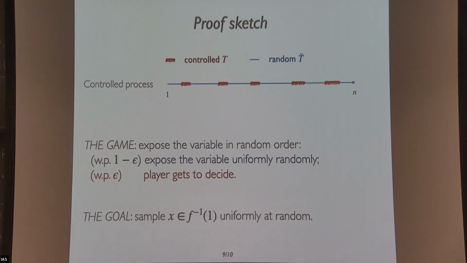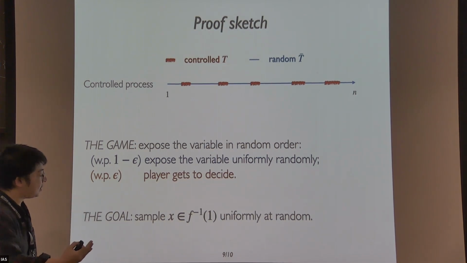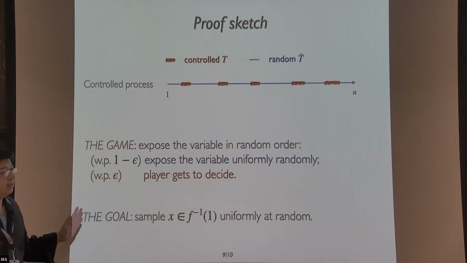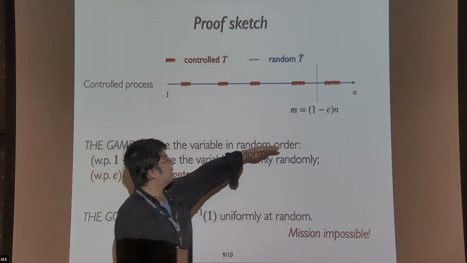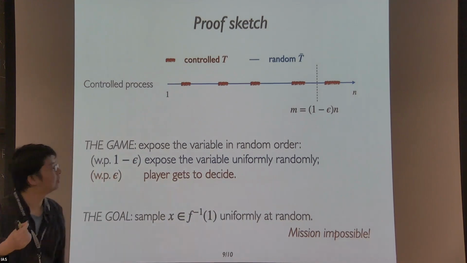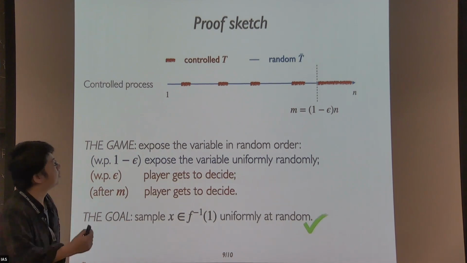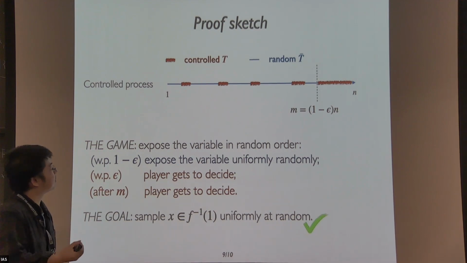Well, if you think about it, maybe you realize this is too ambitious, because if at the end of the game the player doesn't get to control, then basically there is nothing you can do. So we modify this game a little bit. We set a time m. Before this time m, we do as I described, with probability epsilon that the player gets control.